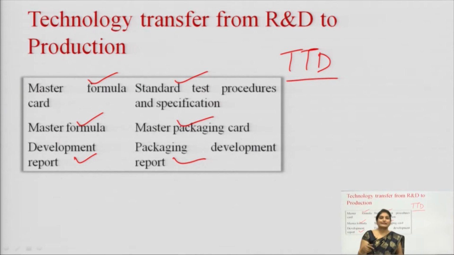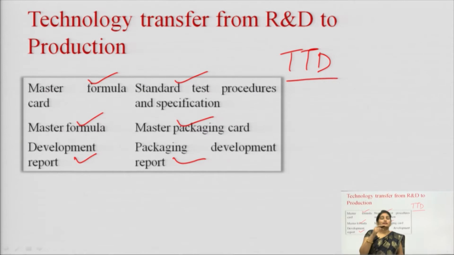These are all described in the master packaging card. Next is packaging development report. In the packaging development report, the information about the rationale of choosing the proper closure and container system, the rationale of choosing this type of packaging component, is given.